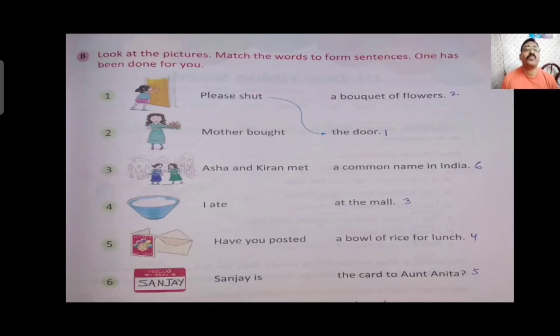Have you posted the card to Aunt Anita? Then, Sanjay is a common name in India. You can see I have matched all the numbers in column B and column A. So here it is just to match both the columns.